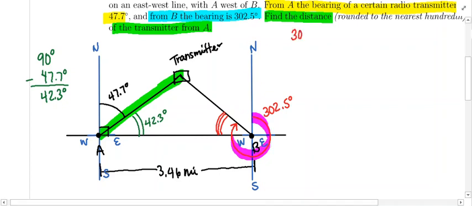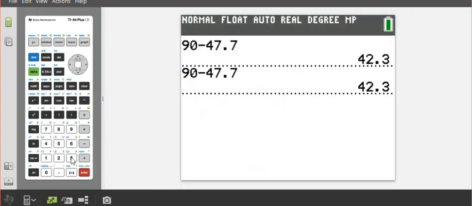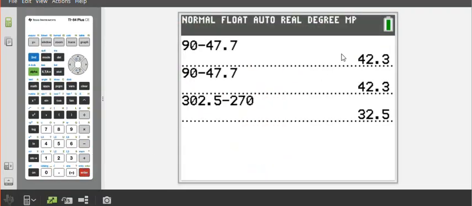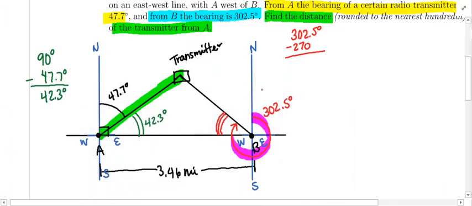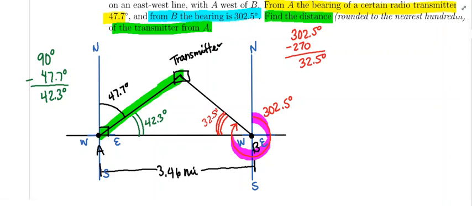So if I take 302.5 and subtract 270, that gives me this red angle: 302.5 minus 270 leaves a 32.5 degree angle. So I can label this inside the triangle. This is our second interior angle.